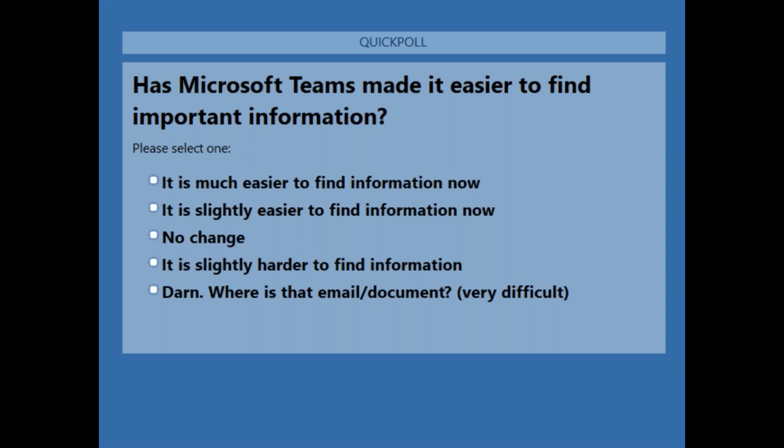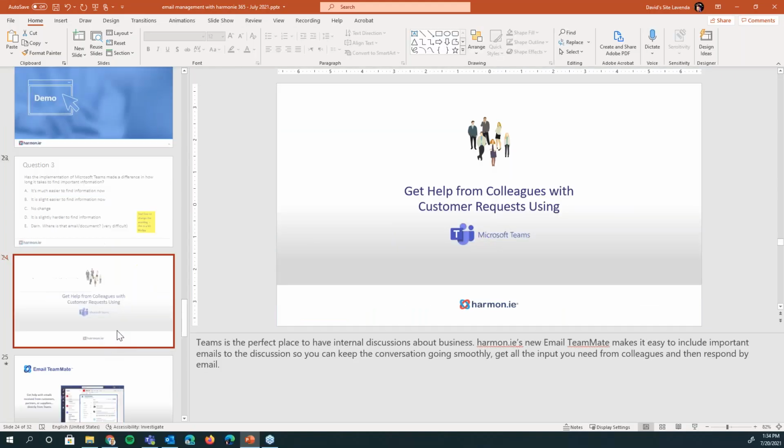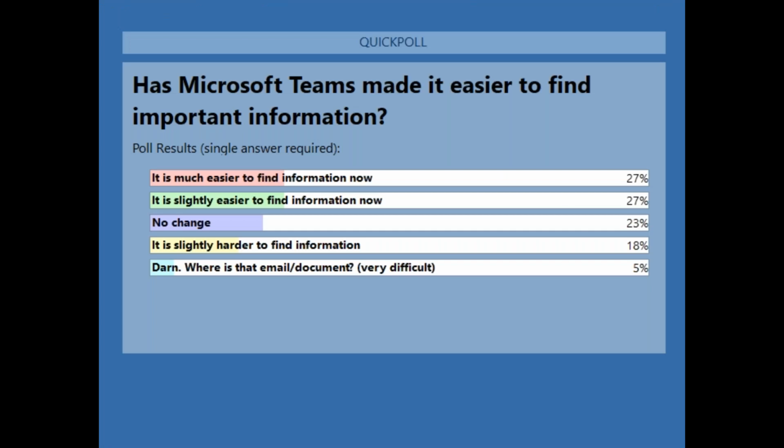So the question is, has Microsoft Teams made it easier to find important information? I see that most of you already answered. Okay, so I will see the results, and then we'll get back to you. So, has Microsoft Teams made it easier to find important information?